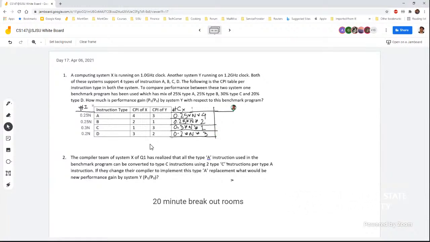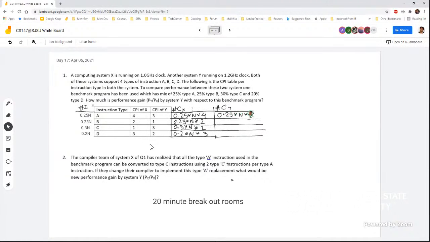And similarly, we can do the number of clock cycles for Y, which would be the same computation, but change the CPI.